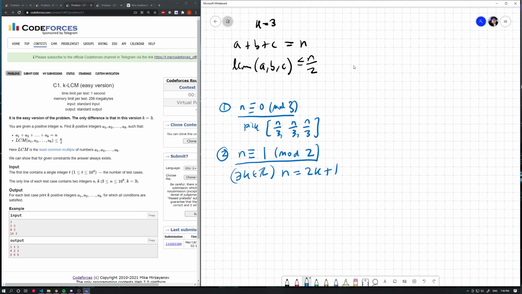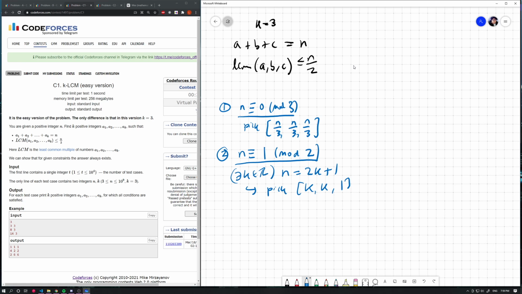But then this is pretty straightforward. We can just pick k, k, and then 1, because they add up to n, and clearly their LCM is equal to k, which is clearly less than n over 2.